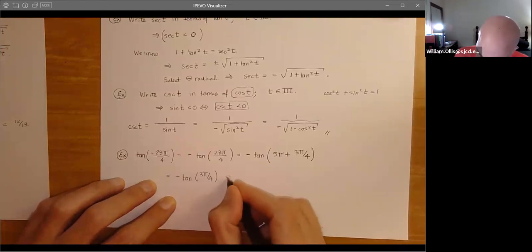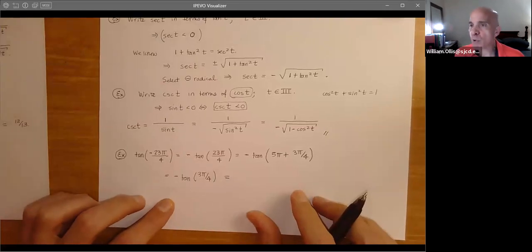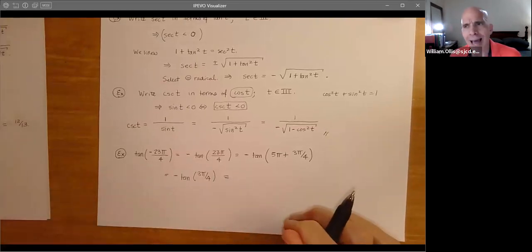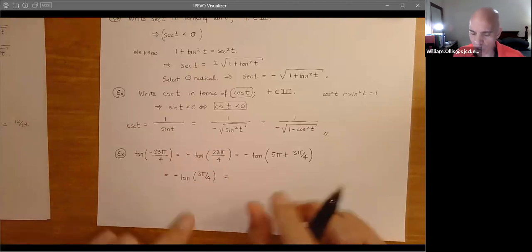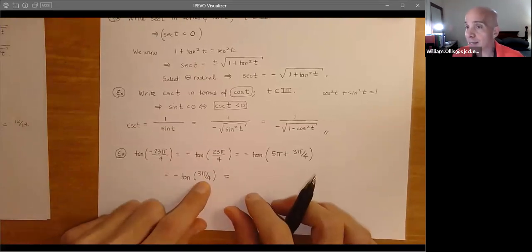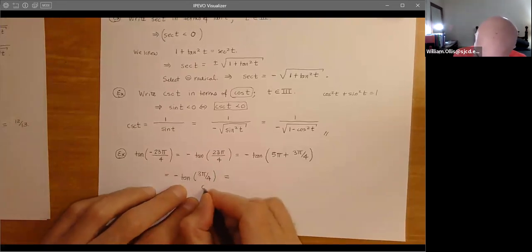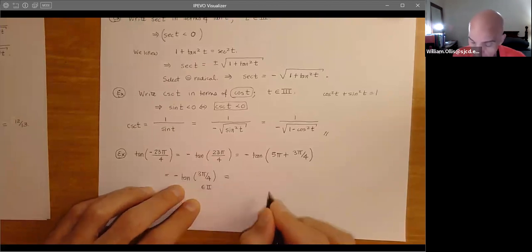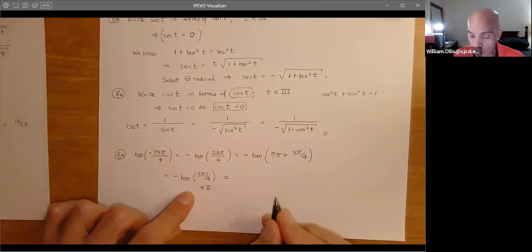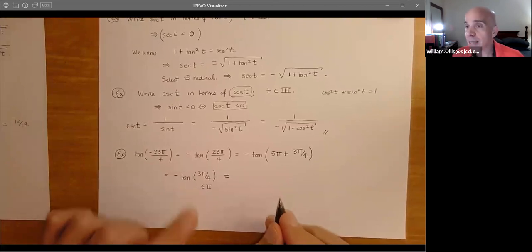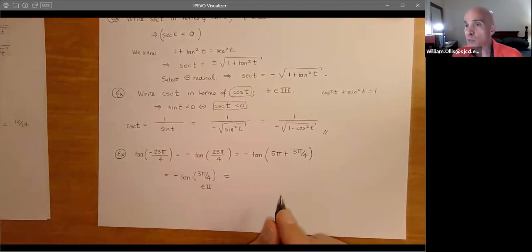Now, this is the beauty of all of this. At this point, you can say, Professor Ron, I know my unit circle, so I'm not going to worry about the reference number. But notice 3 pi over 4 is in the second quadrant. If we want to use the reference number, the reference number is just pi over 4, pi minus 3 pi over 4. But remember, tangent in the second quadrant is what?